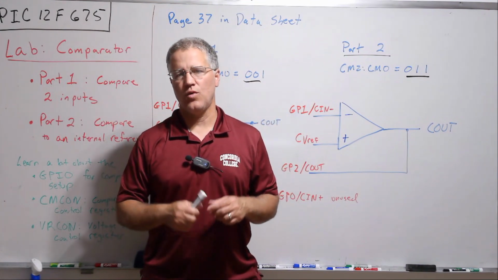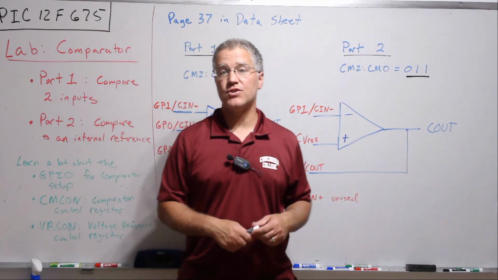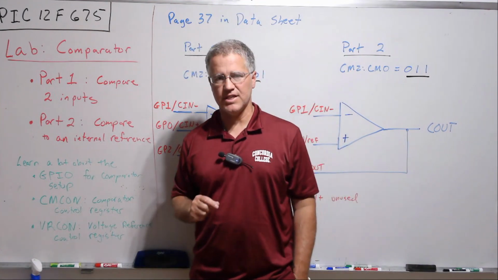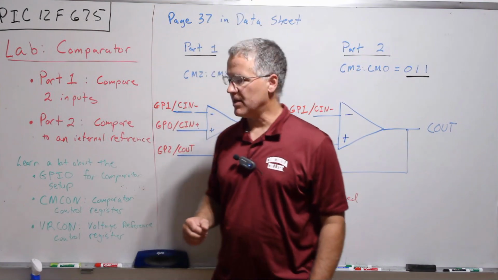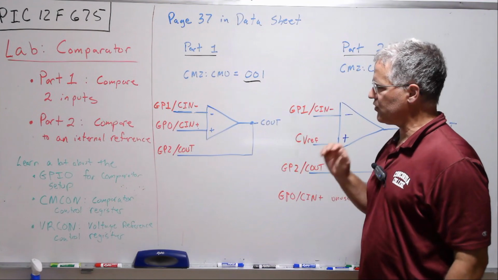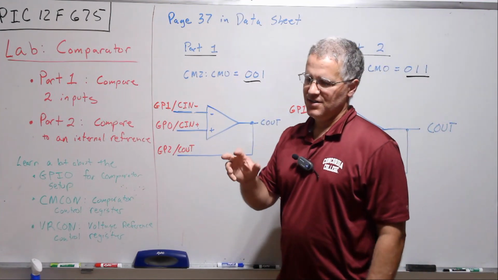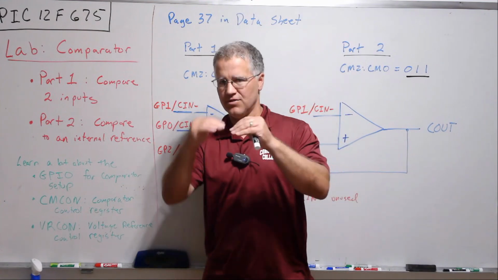That noise will cause it to periodically go to the other state of the comparator. And how you would handle that would be in the electronic circuit. You could do some noise damping, or at least drain off the high frequency noise with some capacitors. But to keep things simple and to keep things focused on the microcontroller and on the code, we won't worry about that. We'll have a comparator that'll work, but you would want to use a big swing of voltage rather than being really subtle.